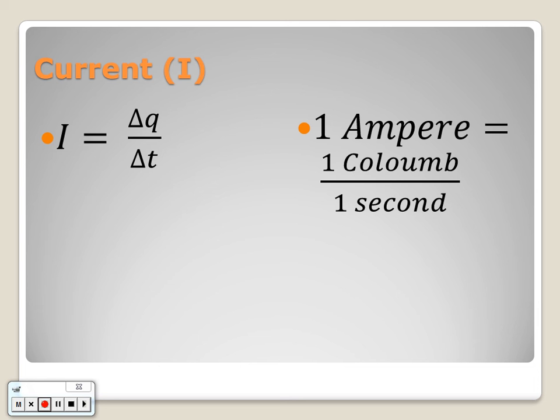So you have charge per time, or coulomb per second, because coulomb is the unit for charge and second is the unit for time. When we have coulombs per second, we call that the ampere. An ampere is a derived unit that combines two base units.